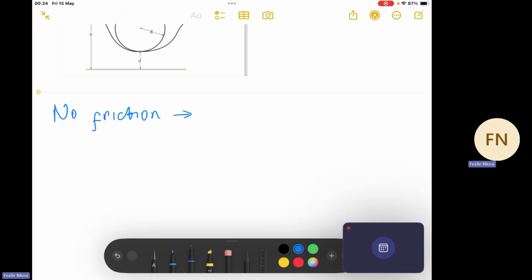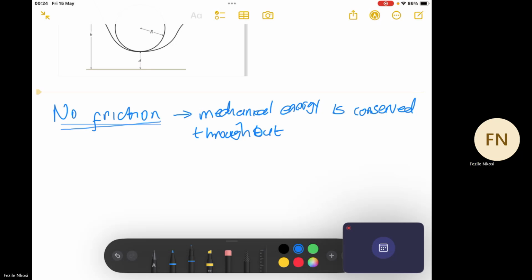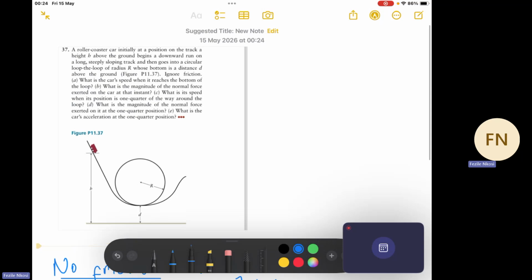That means mechanical energy is conserved throughout. Good. Let's go back to the question.